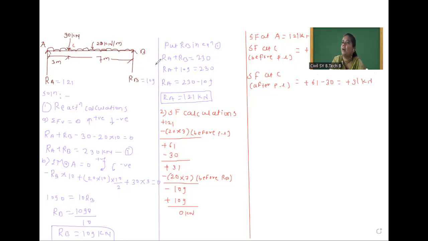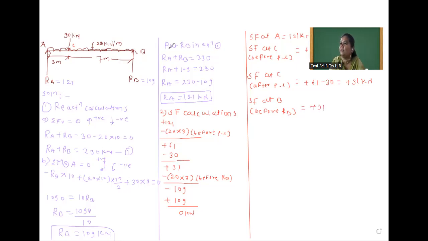Now we will move towards this B point, shear force at B but before RB. Up to this C point, shear force is plus 31.